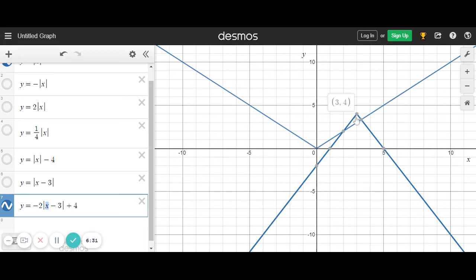The 4 makes up the y component, and is only created by adding or subtracting a number at the end of the absolute value function. So it's pretty easy to come up with these vertices once you realize the impact that these 2 numbers have on that vertex. The a value, this -2 here in front, has no impact on the location of the vertex. It is only this number and this number that impacts the vertex.